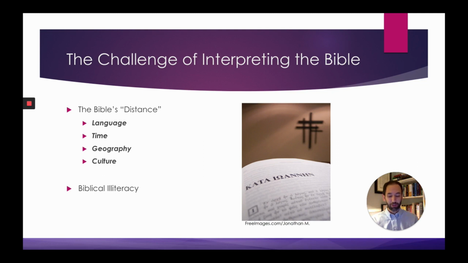And for some of you, that's pretty far removed from the places that you're familiar with. And because of this, often the places in the Bible can be unfamiliar to you, and that creates a challenge to interpreting it.